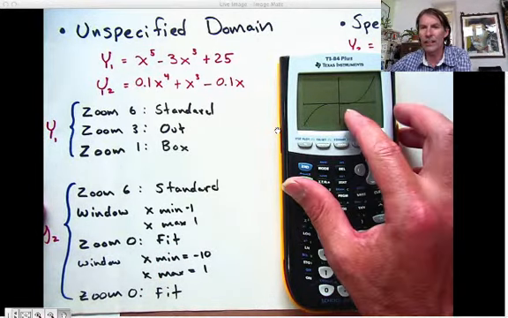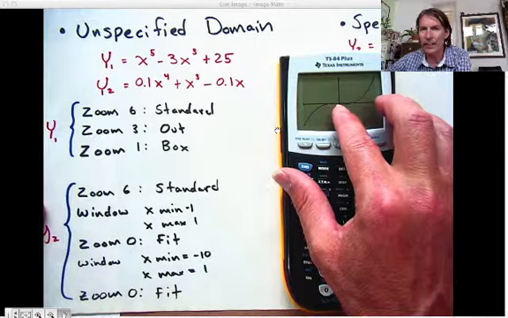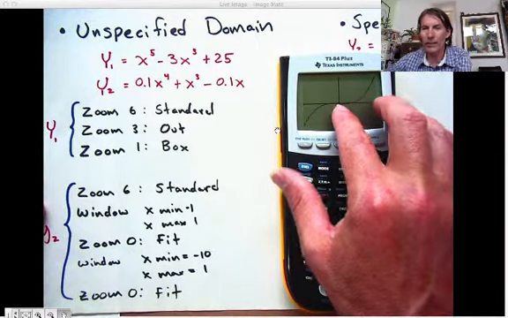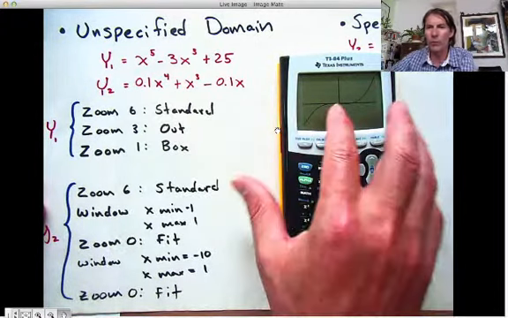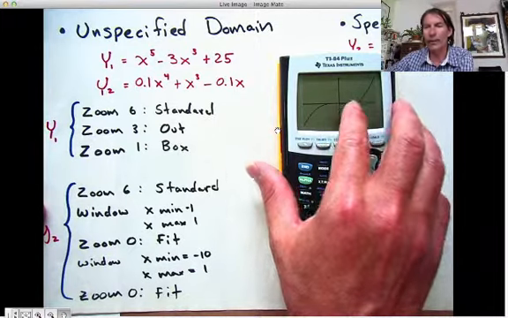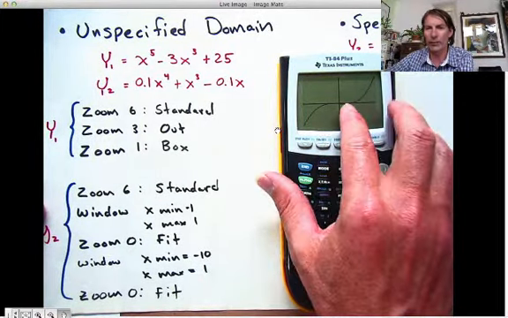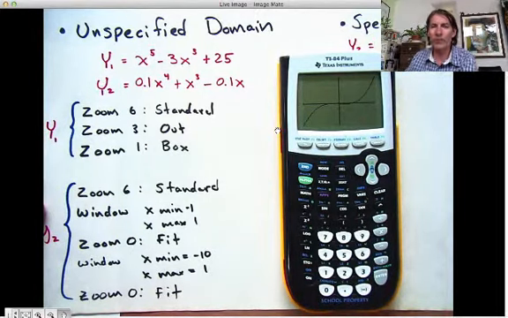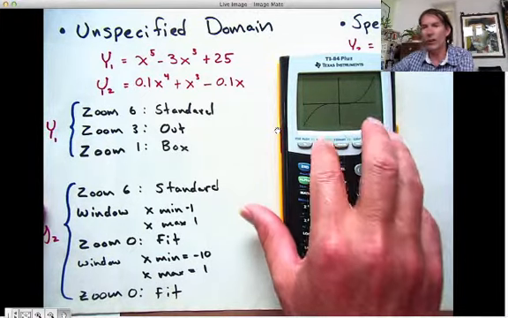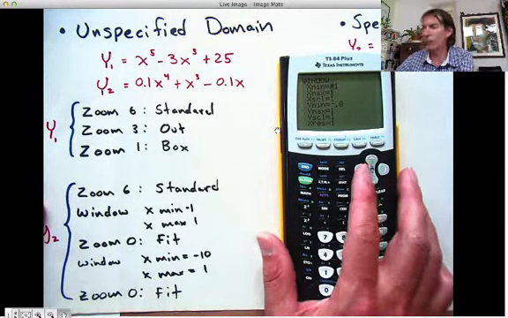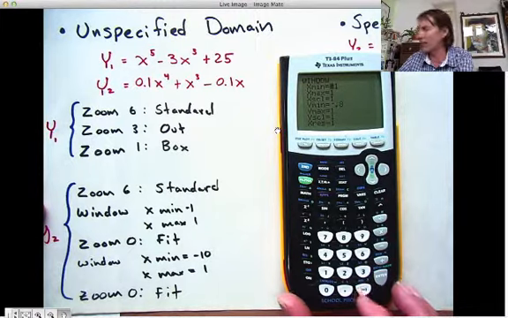Now I can see that the graph actually looks like it might hit the x-axis in more than one place. So I could do a little bit more analysis on this graph if I wanted to find out what those x values were. Perhaps I wanted to see more of the other graph, and I remembered that my original x and y window was set at -10 and +10, so I'm going to set it back to -10.